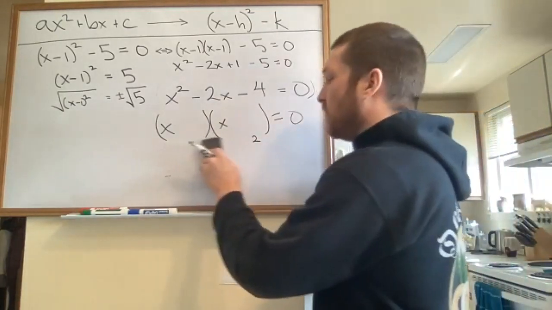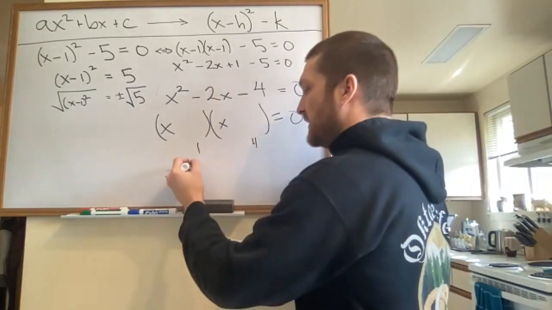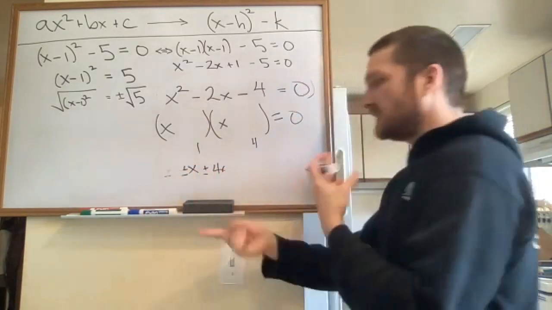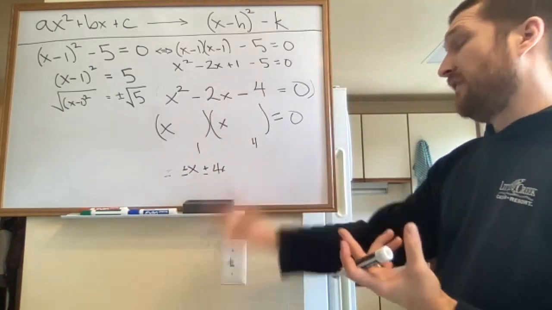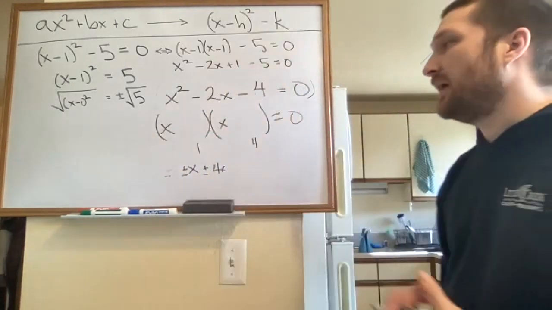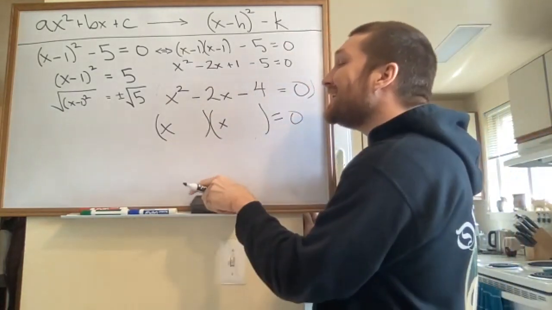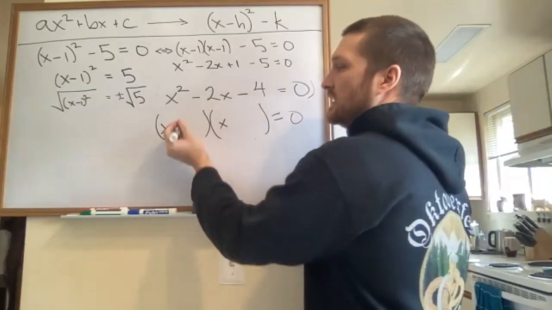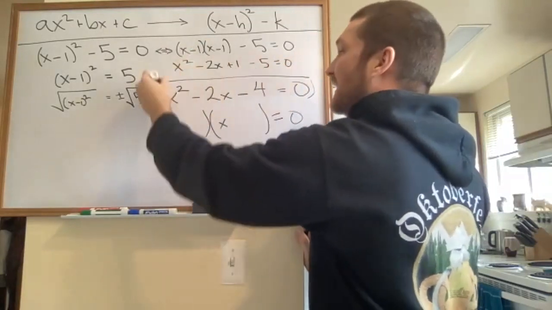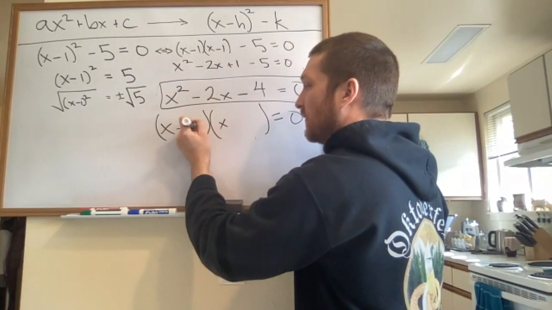So maybe 1 and 4. And you'd say, okay, that's going to be a 1x and a 4x plus or minus those guys together. 5 or a 3. Nope, not going to give you a minus 2. Then you'd say it doesn't factor, but we just saw that it does factor. And this is what's really cool, is we found that this thing actually does factor into this right here.